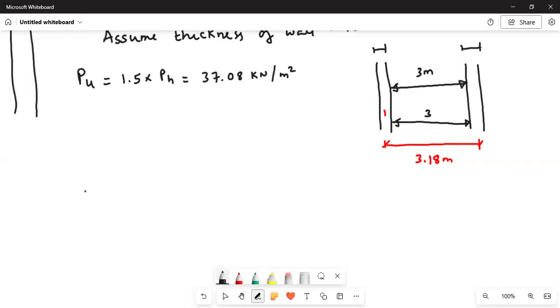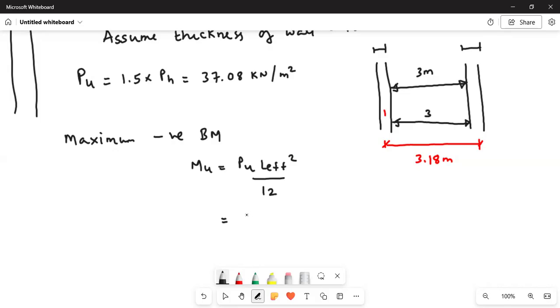Okay. So maximum negative bending moment is given by Mu equal to Pu L effective square divided by 12.